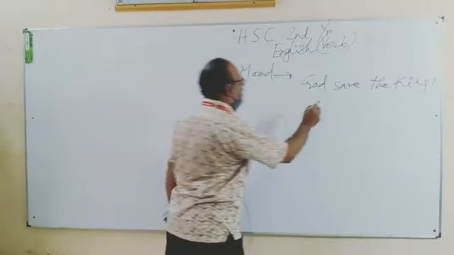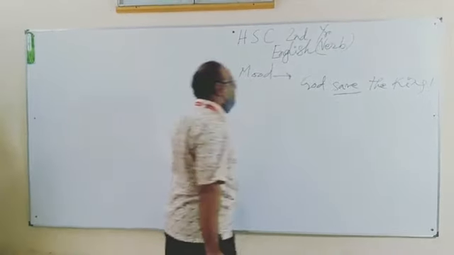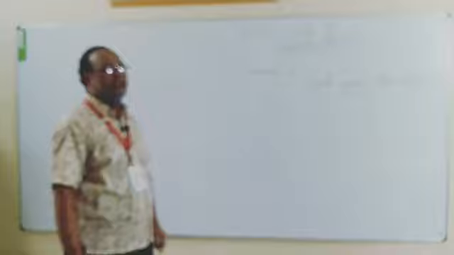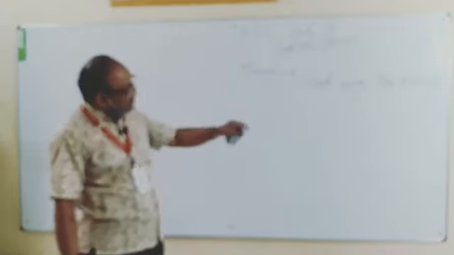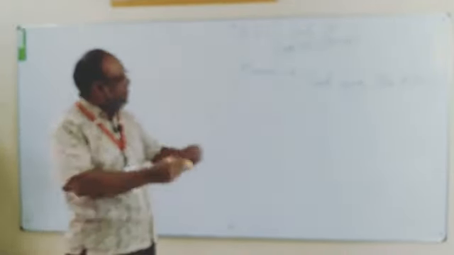Why? You can see in assertive sentence we cannot write in this way. We should have written God saves the king or God saved the king. But when I see this kind of sentence or when expressed in this way, we should understand this is an example of a subjunctive mood.